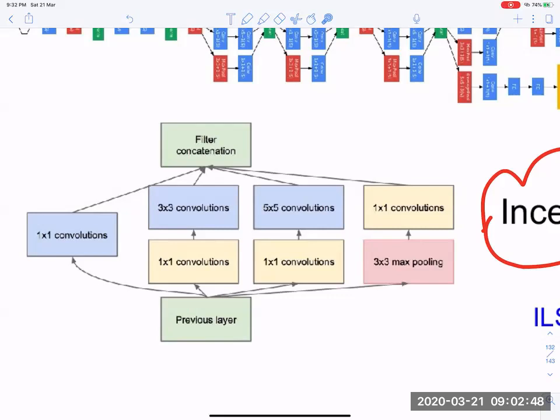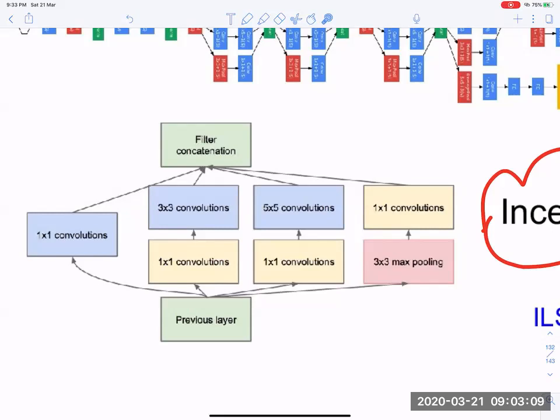These one by one convolutions make my network very efficient and very fast. Right now you assume this. Anyways, we are going to talk about this one by one convolution in the next lecture. But other than that, you just see what it has done.